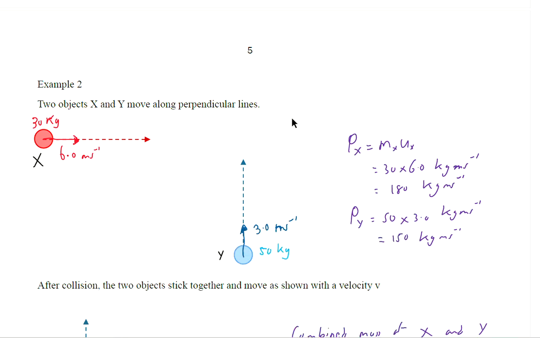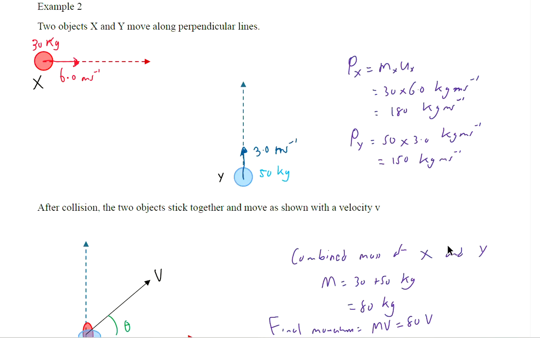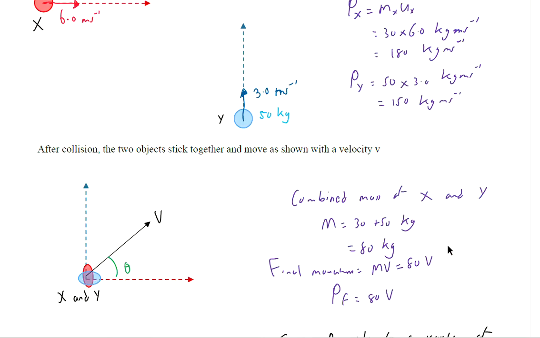Now, before I have a look at how to solve it, let's calculate the magnitude of the momentum. 30 kilograms times the velocity is going to be 180 kilogram meter per second. This is just the magnitude. Py, same, mass of y multiplied by the velocity of y, 150 kilogram meter per second.